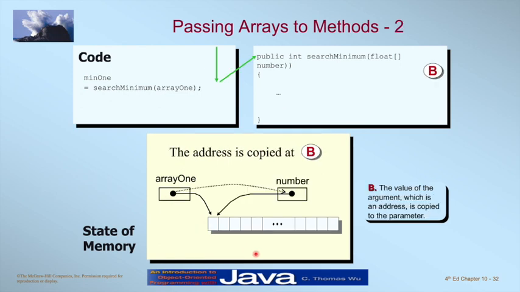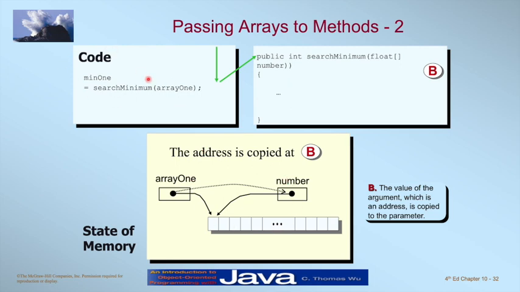But after we execute the method, the value of the argument, which is an address, is copied to the parameter. That means it's passing the value number to the array. This is what is happening behind your code.